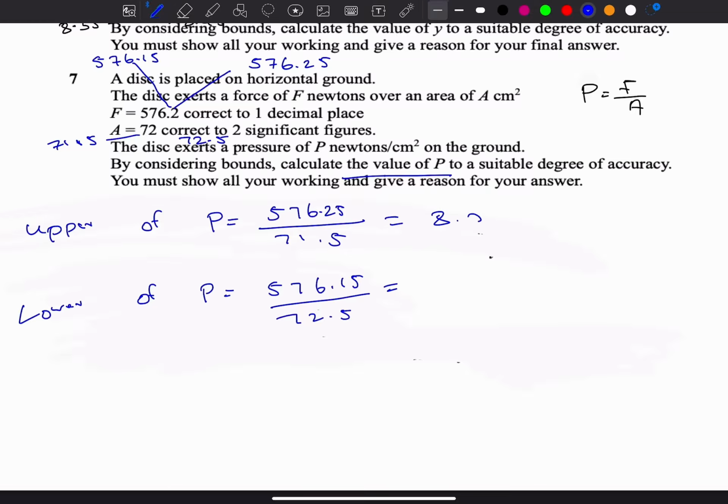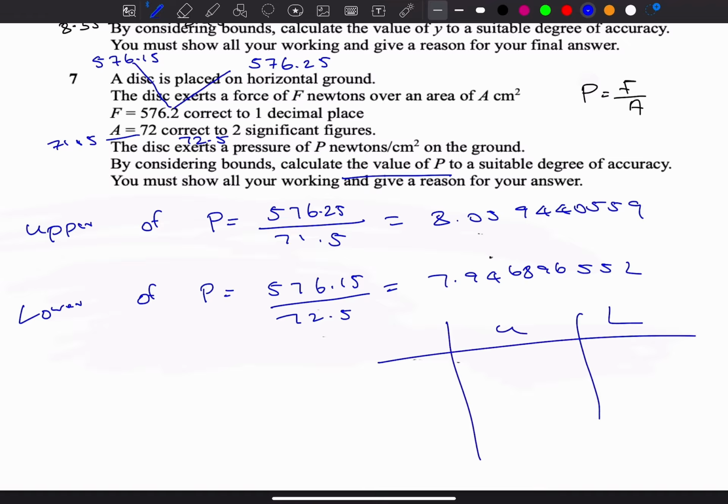It reads 8.059440559. You should write the whole thing normally. Okay, 1 over 72.5. Let's check that one through. That is 7.946896552. Let's check. Seems right, I guess.